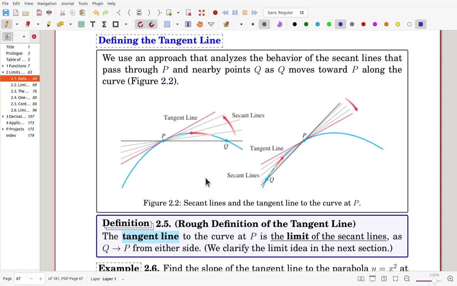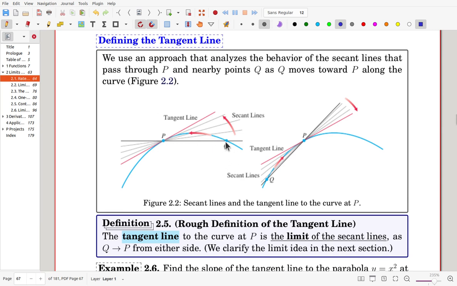So we'll use that for defining the tangent line. Here, if you choose h positive for the given function, then the secant line will be made that way.